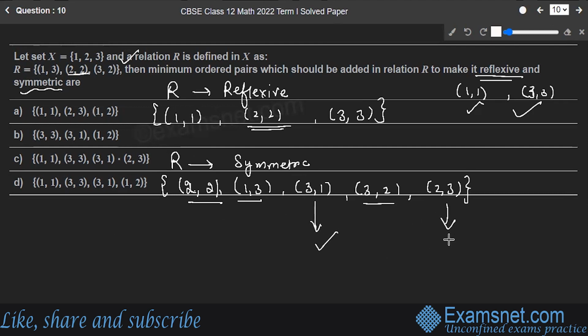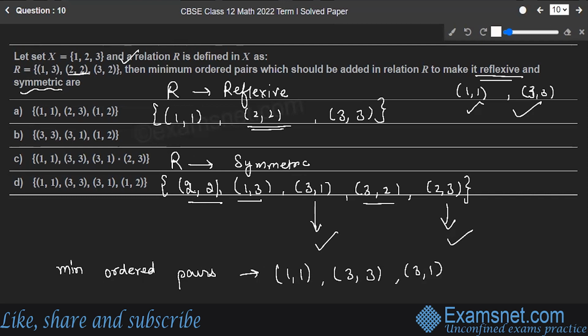So the minimum ordered pairs which need to be added are (1, 1), (3, 3), (3, 1) and (2, 3). So these are the ordered pairs which need to be added. Let's check. You have this in option C. Hope you got that.